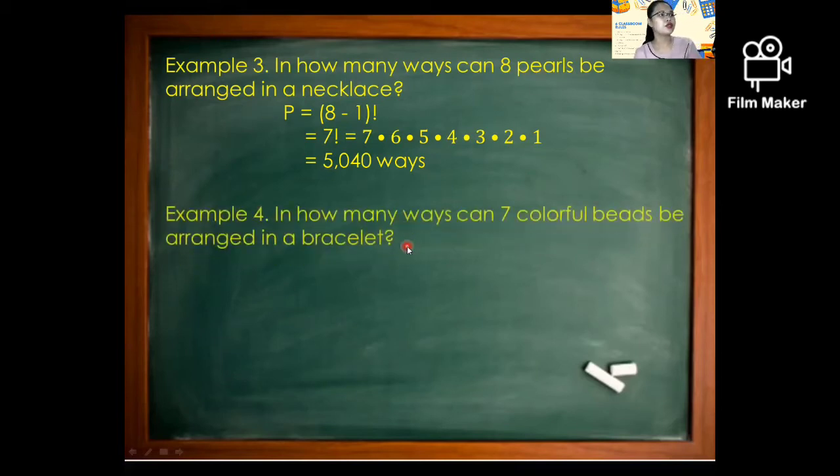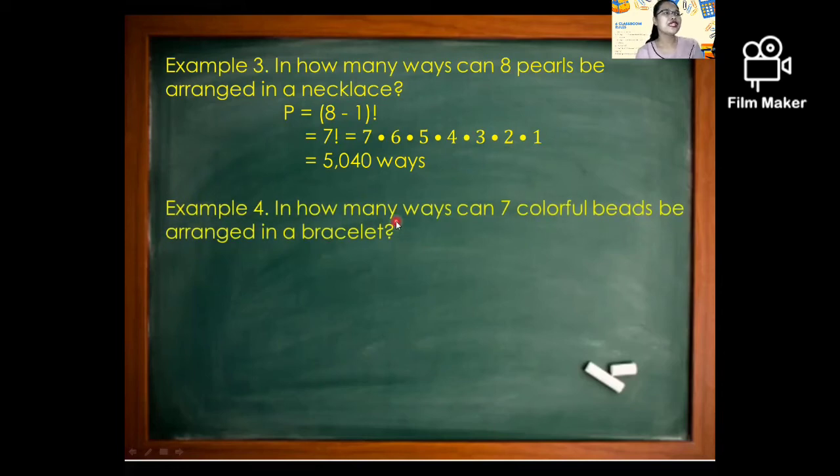Let's have example number 4. In how many ways can 7 colorful beads be arranged in a bracelet? So if you have 7 colorful beads, that is simply permutation is equal to 7 minus 1 factorial. So 7 minus 1 is 6 factorial. So 6 factorial, expand natin siya into 6 times 5 times 4 times 3 times 2 times 1.